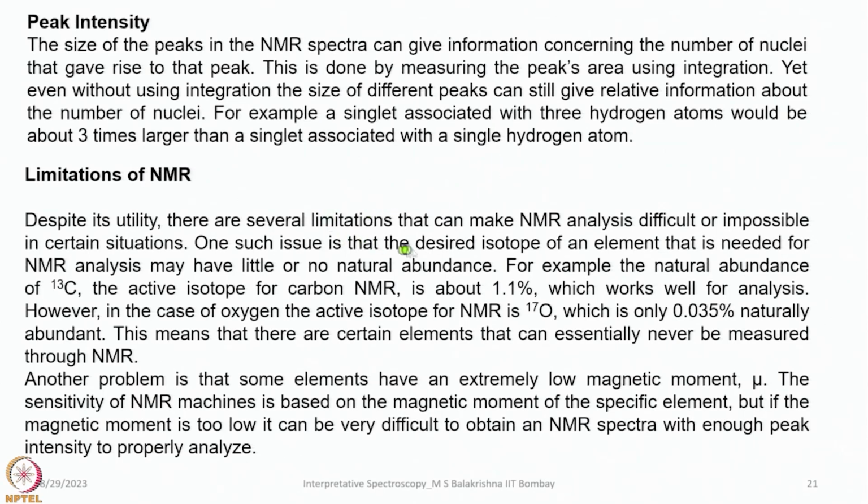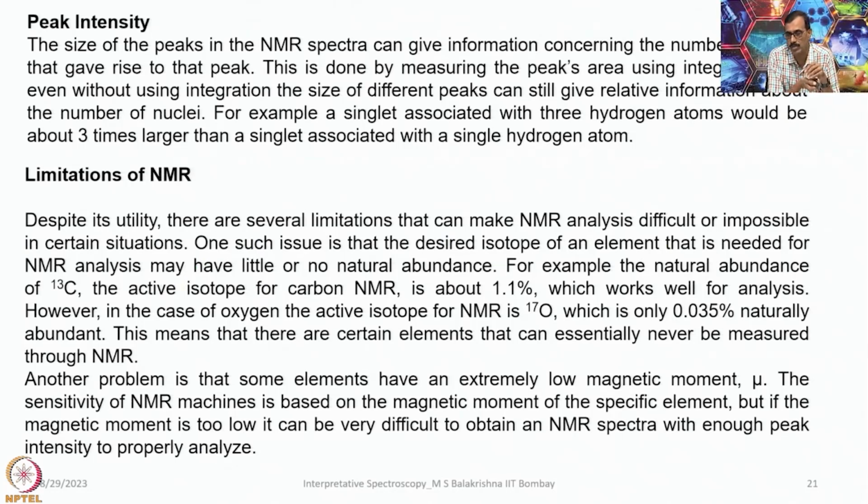One such limitation is that the desired isotope and element needed for NMR analysis may have little or no natural abundance. For example, I am interested in a particular isotope of a nucleus which is NMR active, but that may be in very insignificant quantity in natural resources.